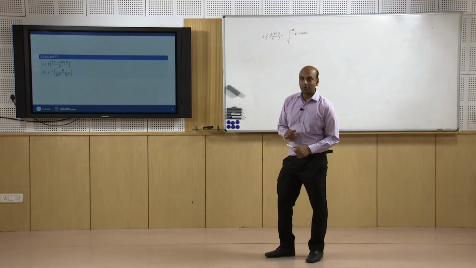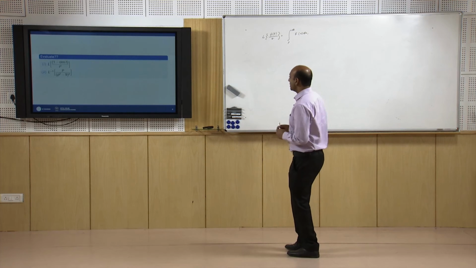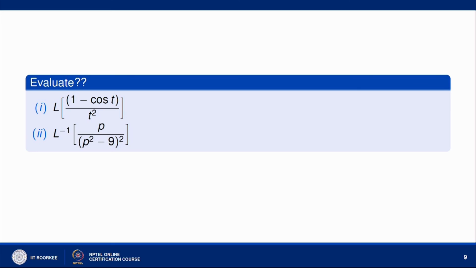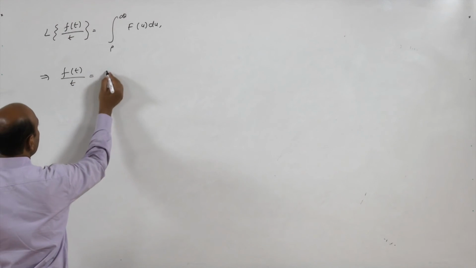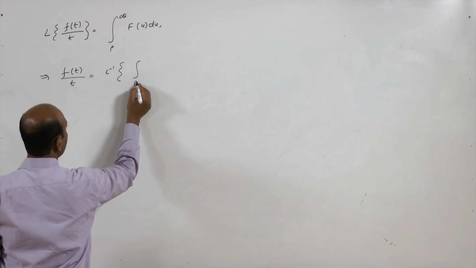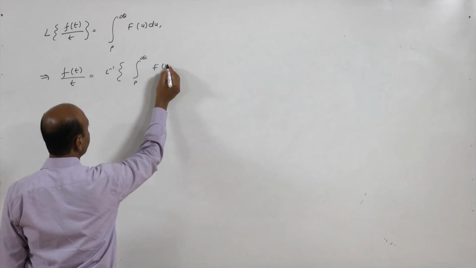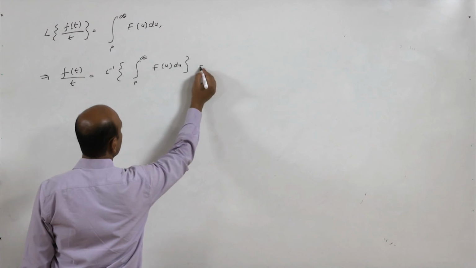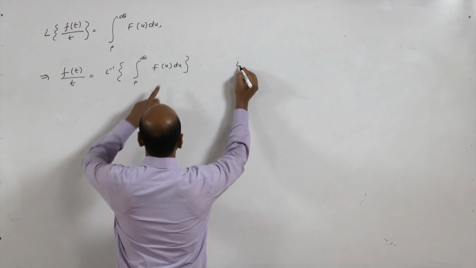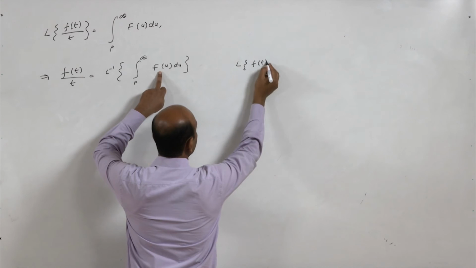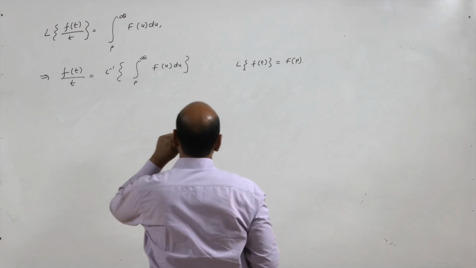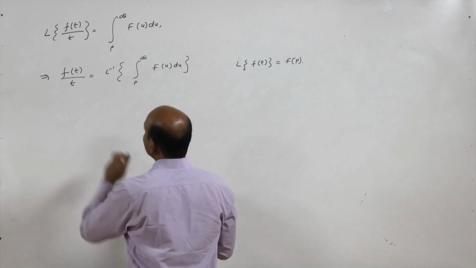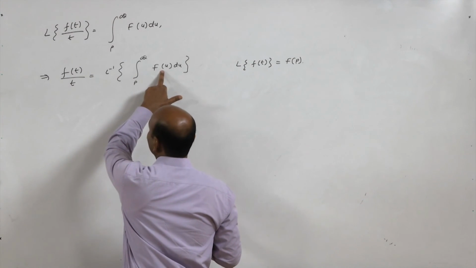So, how to find the Laplace inverse of p upon p square minus 9 whole square using this property? From this we got f t by t is nothing but the Laplace inverse of the integral from p to infinity of f u du. Here what is f u? It is that the Laplace of f t is f p. So this f t is nothing but the Laplace inverse of this.